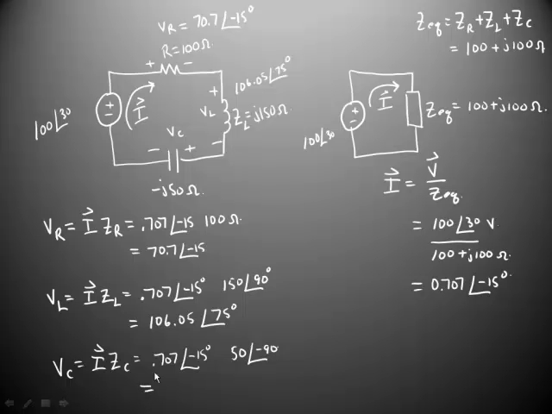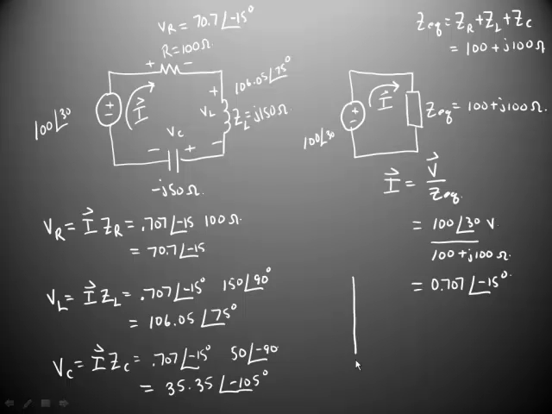For a grand total then, the voltage across the capacitor, 35.35 volts at an angle of minus 105 degrees. And here we see that there is again a 90-degree phase shift between the current and the voltage in the capacitor, but we're seeing the current leading the voltage phasor in this case.